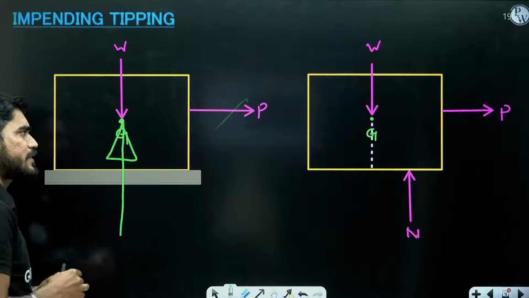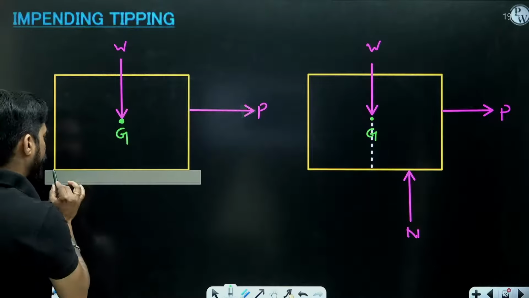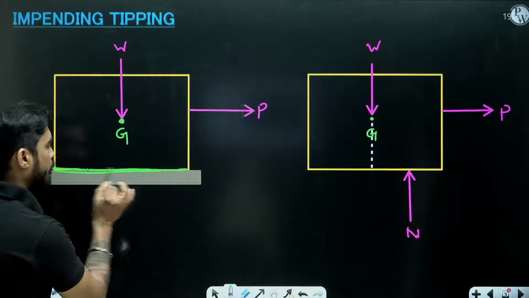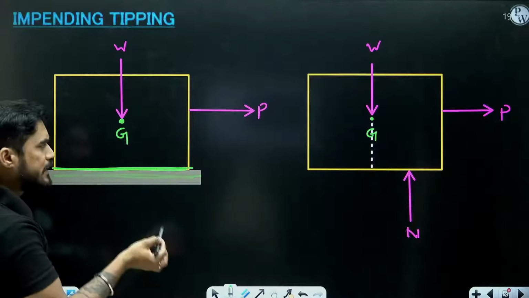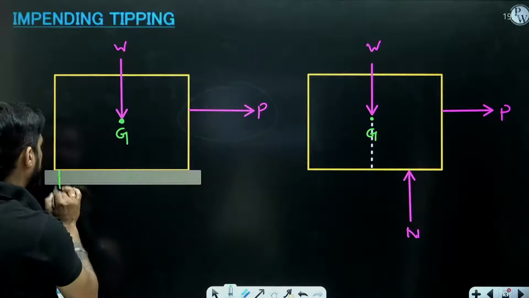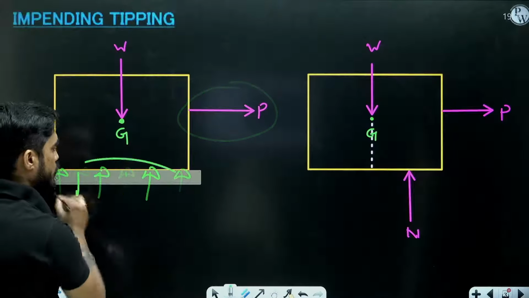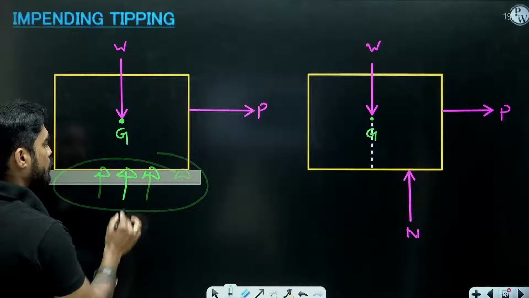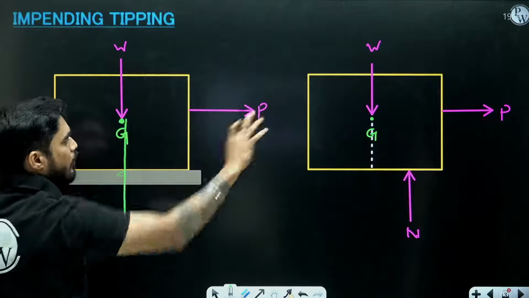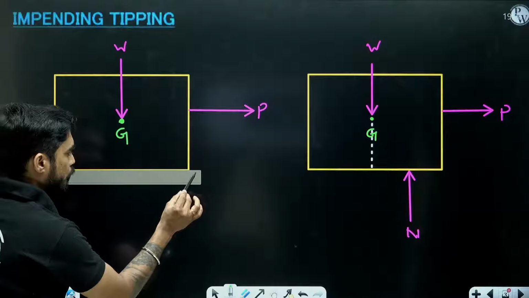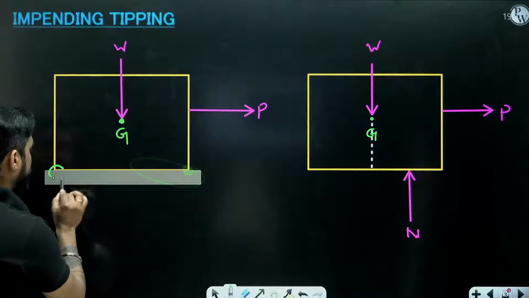But what happens is, when you apply a force P, the forces between the block and this horizontal surface are no longer uniformly distributed. Initially, if this P force is not acting, the forces between the block and the surface are uniformly distributed, so their resultant passes through the center. But when I apply a force to move this block towards the right, the forces on this corner are greater than the forces on this corner.